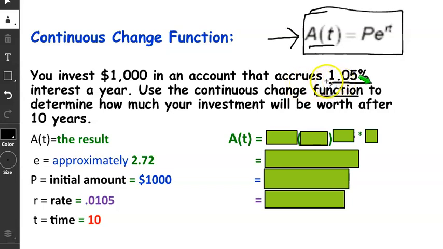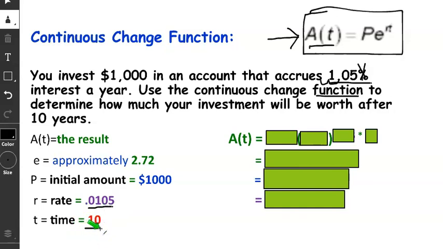You need to change it to a decimal first. Remember, we take off the percent sign, and the decimal is located right here. We move it over 2 places to the left. That is where this number came from. That's the rate. And the time is how long you want to keep the money in.